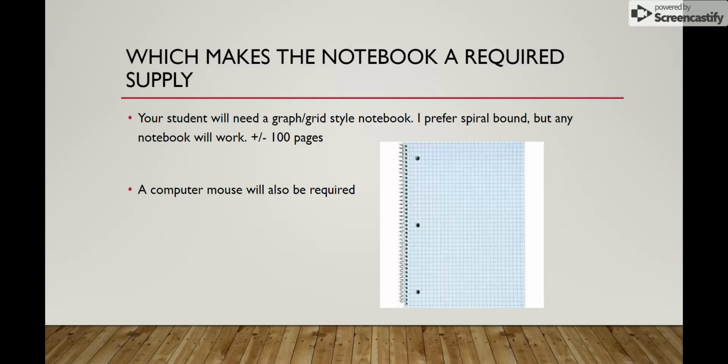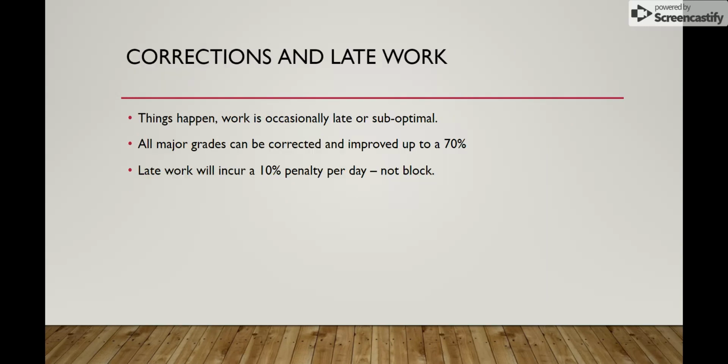Later on in the year, maybe October, November, we will require a computer mouse as well. We have a set of laptops in the room, but not enough mice to go around. And using a mouse for the software, the Autodesk Inventor, makes it much, much easier.